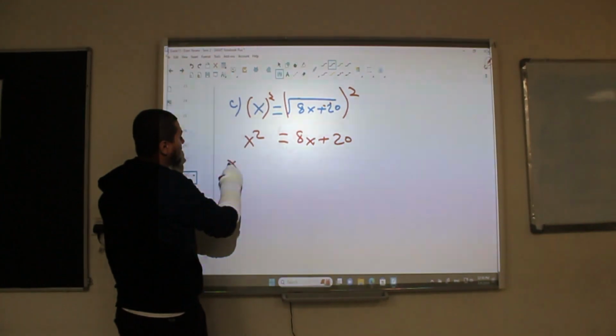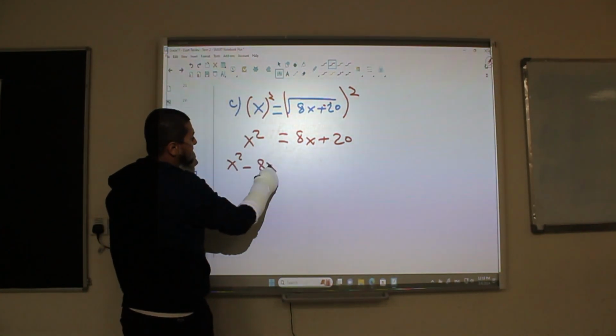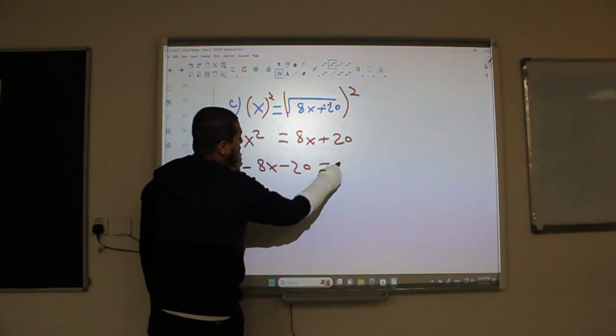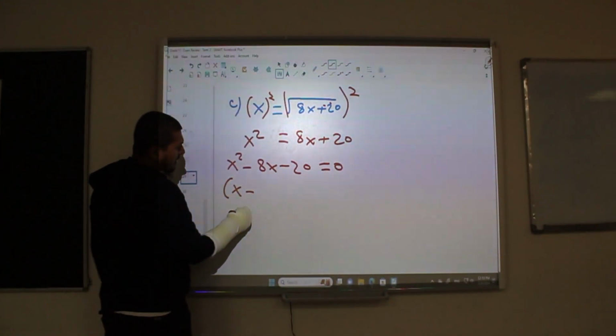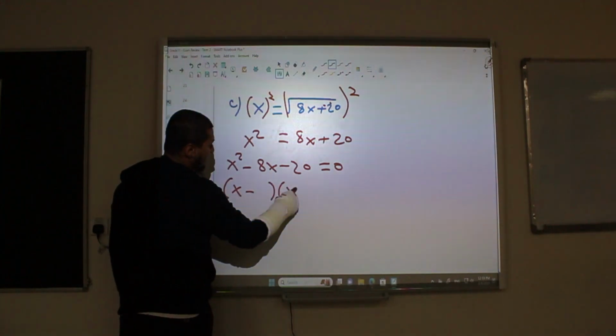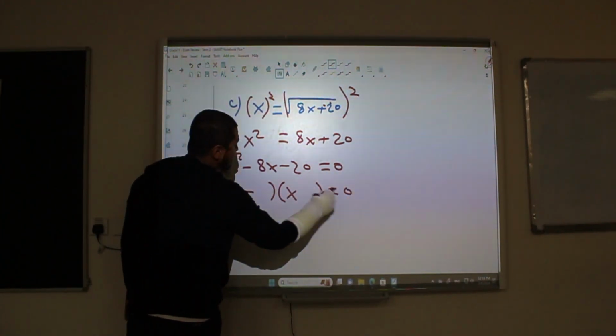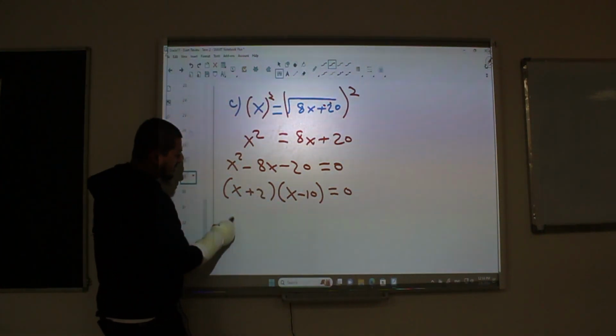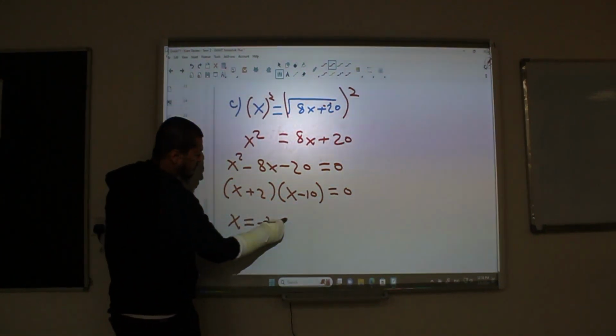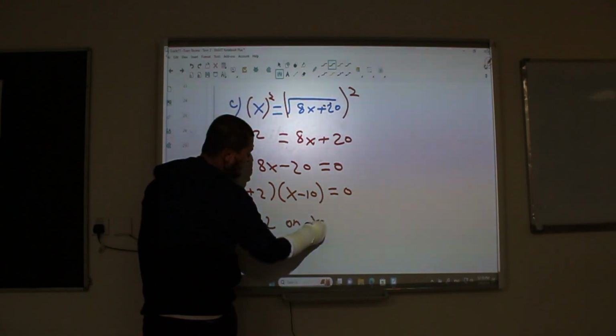Bringing everything over, we got x squared minus 8x minus 20 is equal to 0. We can factor this out, we get x minus x, right? I think 10 and 2 will work, so minus 10 plus 2. So x is equal to negative 2 or x is equal to 10.